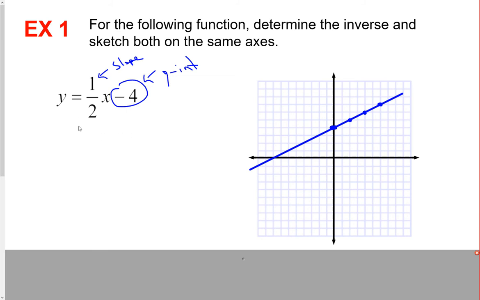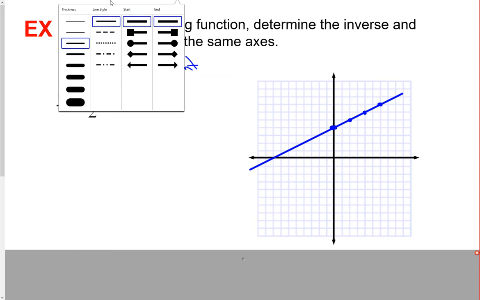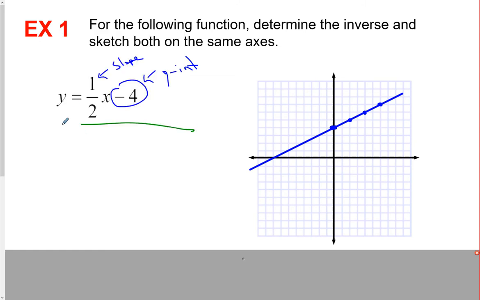Okay, so let's do the inverse. Let's do it algebraically. So first thing I'm going to do is switch my x and my y. So I'm going to put an x here, I'm going to put a y here. And now I'm going to solve for y. Let's add 4 to both sides.